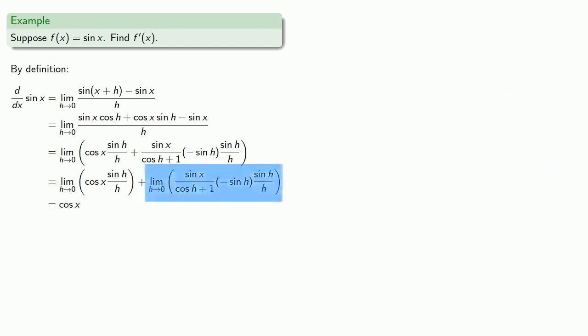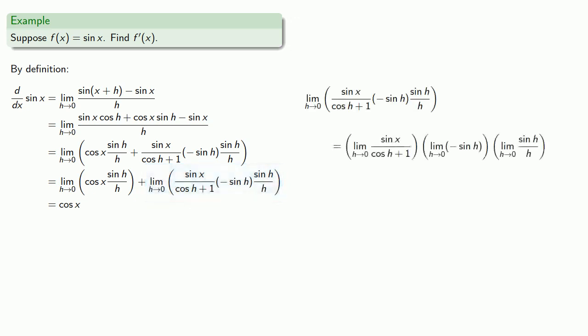Now this other limit, it's a product, and so the limit of a product is the product of the limits, so we'll split that into the 3 factors. In our first factor, as h goes to 0, this expression goes to. In our second expression, as h goes to 0, this goes to.